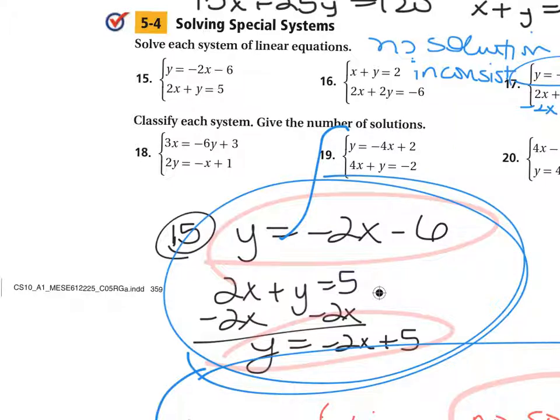So part of the answer will be the slope-intercept form. Okay, so for this one, 18, when you rearranged it, they both turned into exactly the same thing. So this is also infinitely many solutions, consistent, dependent.